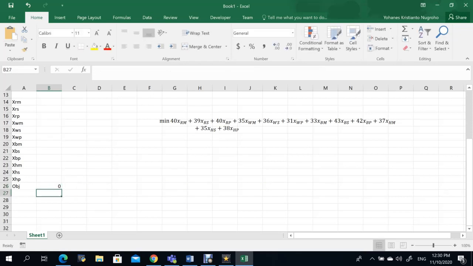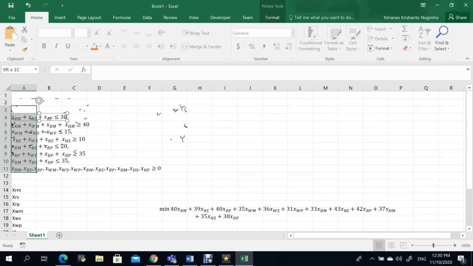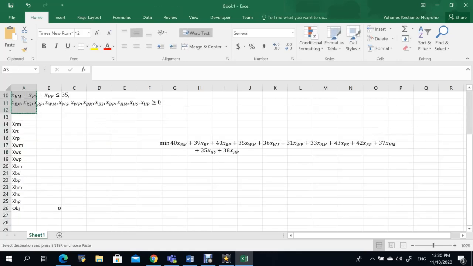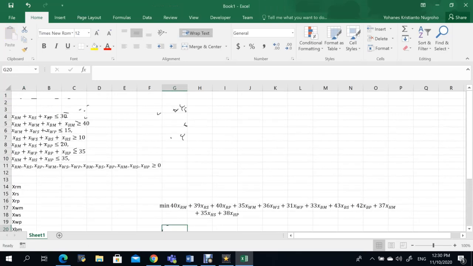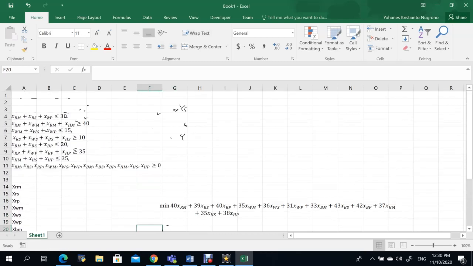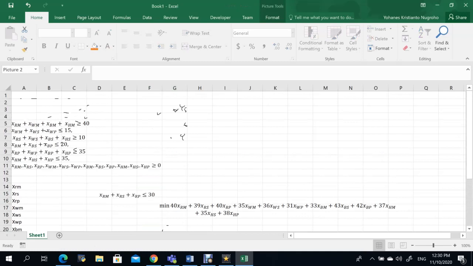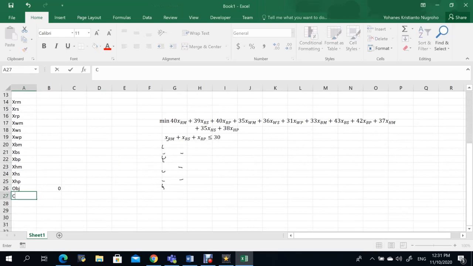Okay, now we have a constraint formulation. Before that we have to move all of this constraint to here. So the constraint number 1, we have XRM plus XRS plus XRP.